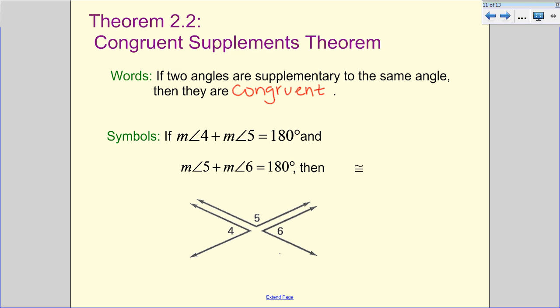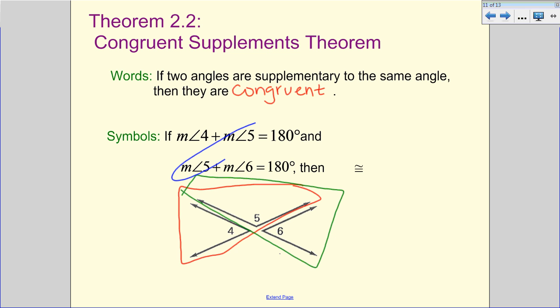So if angle 4 and angle 5 add up to equal 180, and the measure of angle 5 and angle 6 add up to be 180, if we take out this constant of angle 5, that means angle 4 is congruent to angle 6. So the two angles that you're adding on to angle 5, those become your congruent angles.